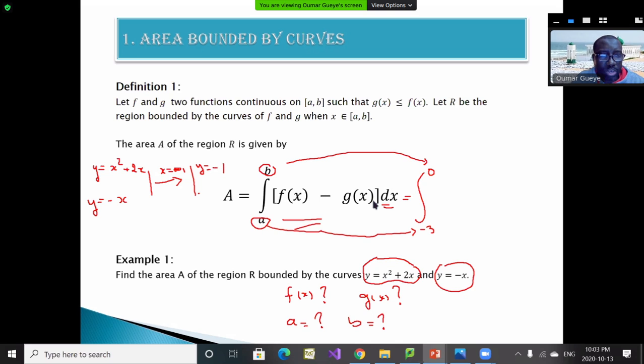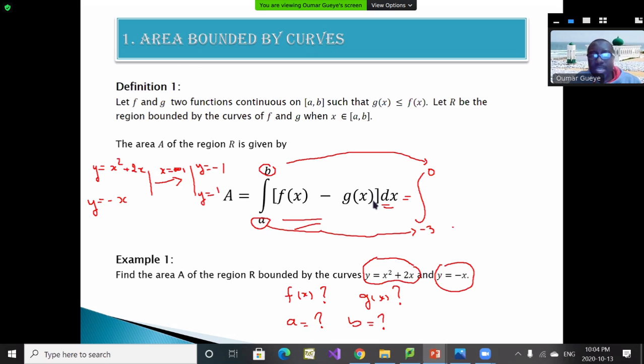And here y is gonna be 1. When you substitute x by -1 in the second, you will get -(-1), it becomes 1. And you notice now the greater value is 1, and the greater value is obtained from this function. So it means this function is gonna be my f.